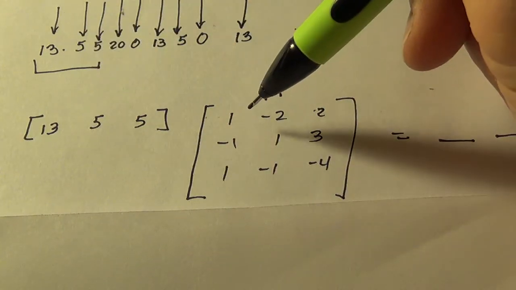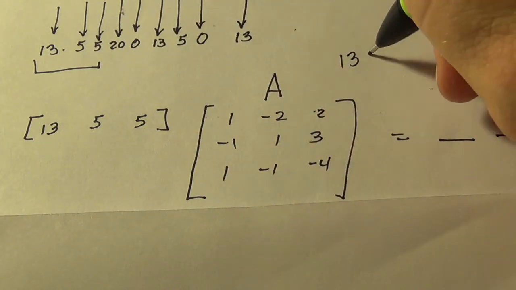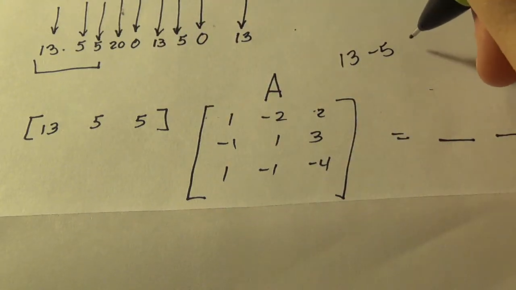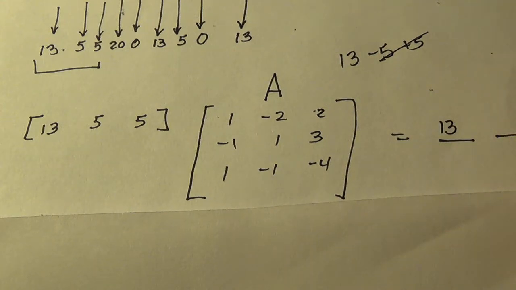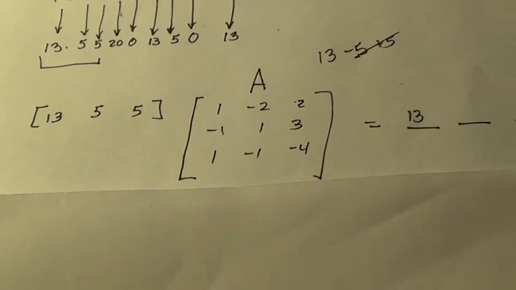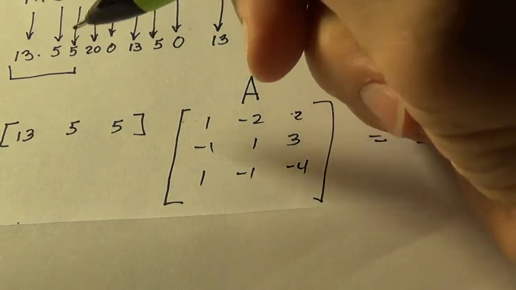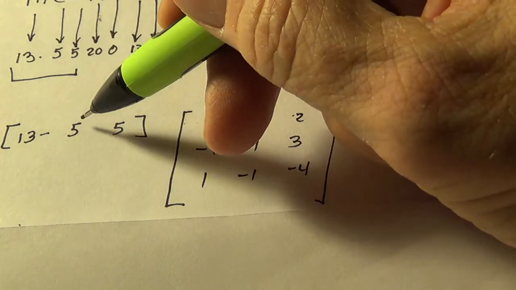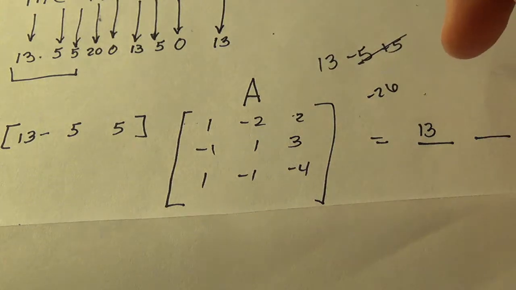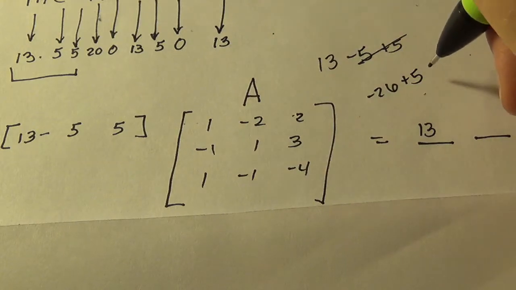So I have 13 times 1 is 13 plus 5 times -1 plus 5 times 1. So I got a 13 for that. And then I am going to get the next part, 13 times -2, 5 times 1, and 5 times -1.